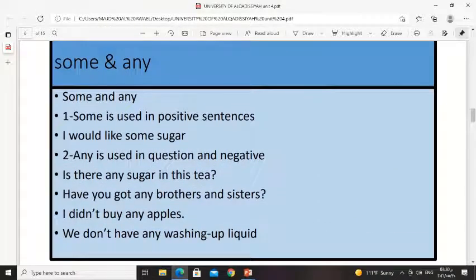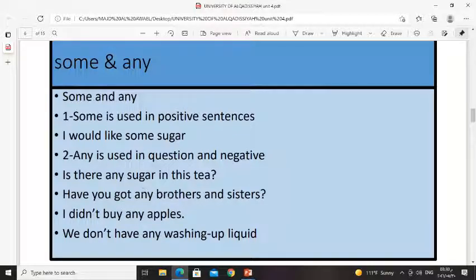When we use some and any, some is used in positive sentences. I would like some sugar, with an uncountable noun. Any is used in questions and negatives, with count and uncountable nouns. Is there any sugar in this tea? It comes with a question. Have you got any brothers and sisters?